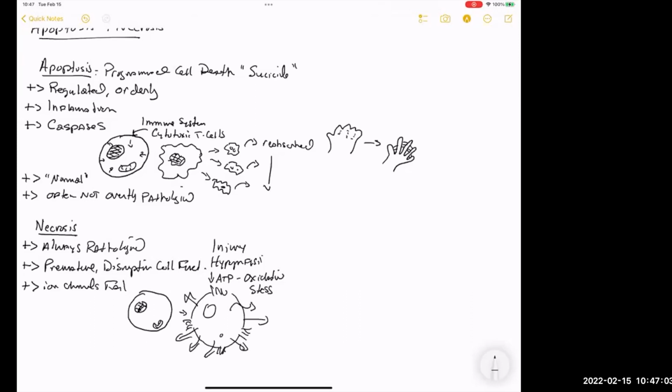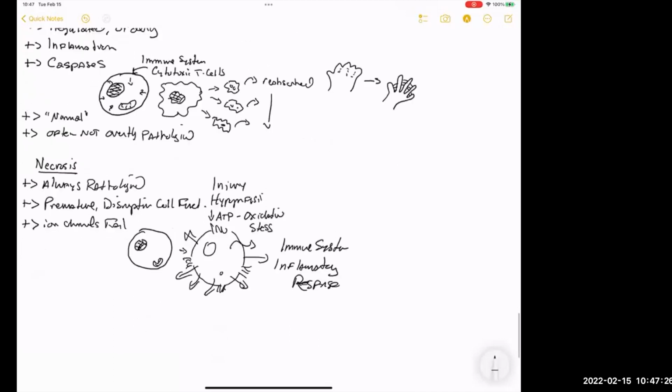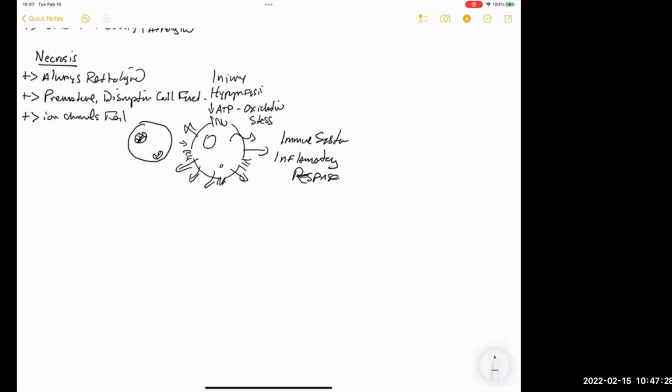And then that triggers the immune system. And phagocytic cells begin moving in. And then you have a substantial inflammatory response. All right. So you can see this is very different from apoptosis, right? So that's necrosis versus apoptosis.